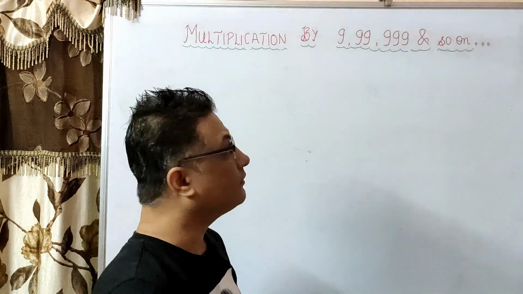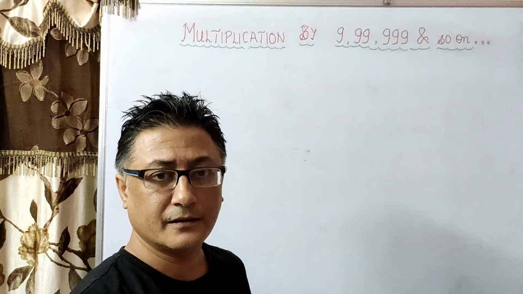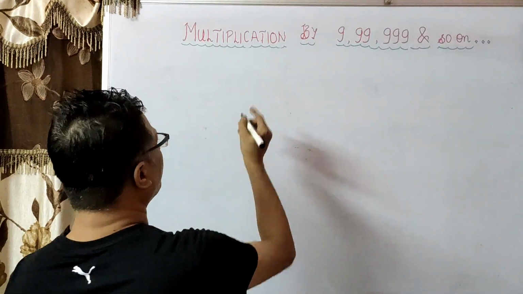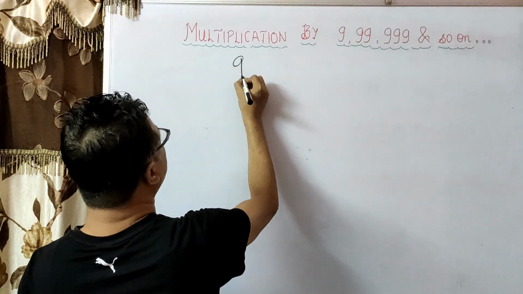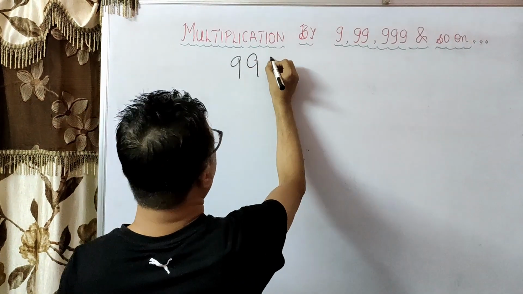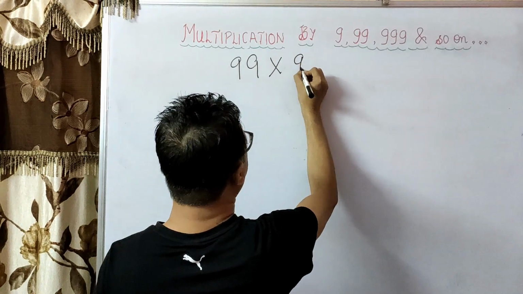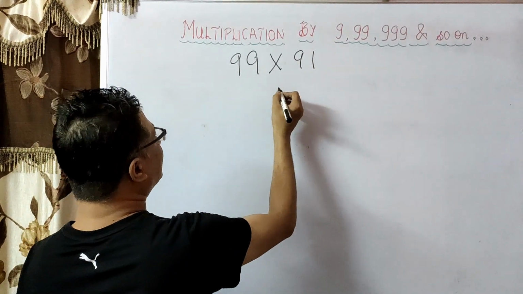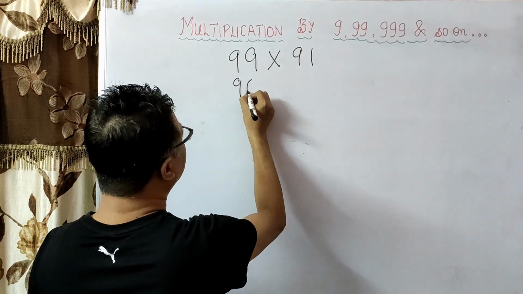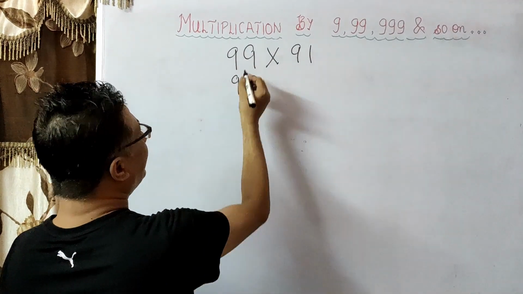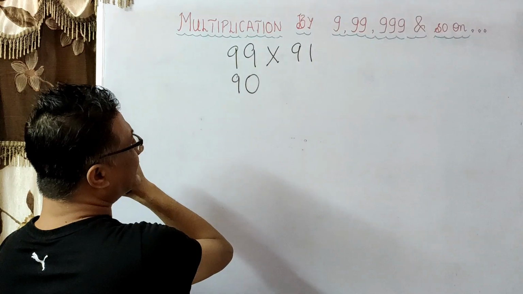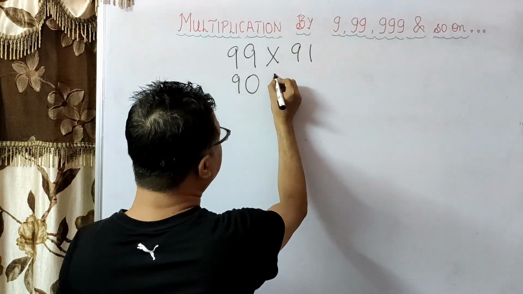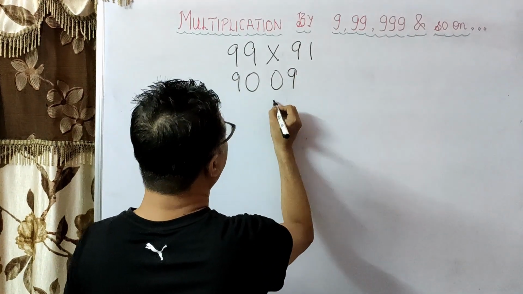So now let's talk about multiplication with 99. Let's suppose we are multiplying 99 with 91. So 91 minus 1 is 90, and 99 minus 90 is 09.